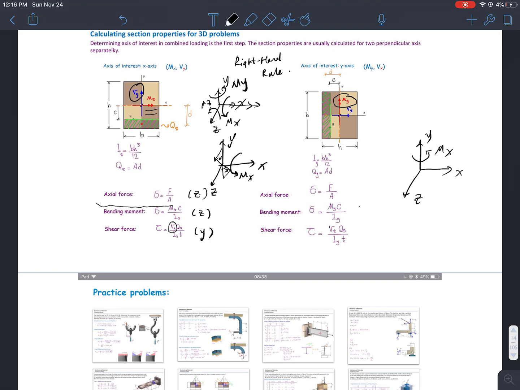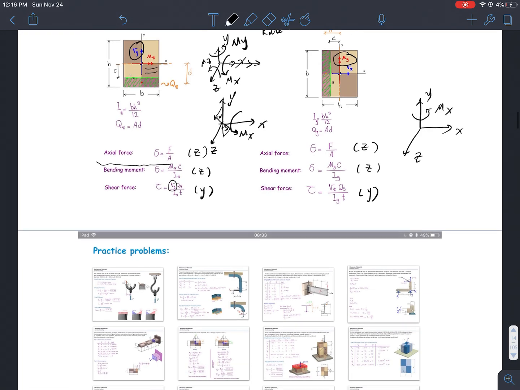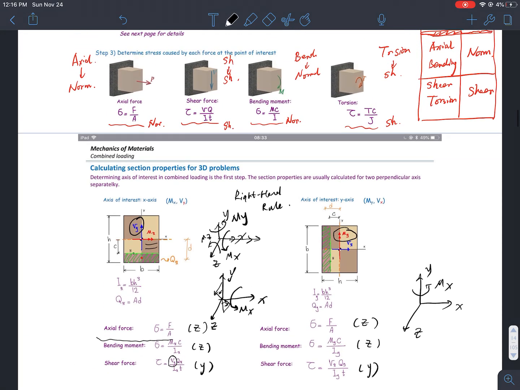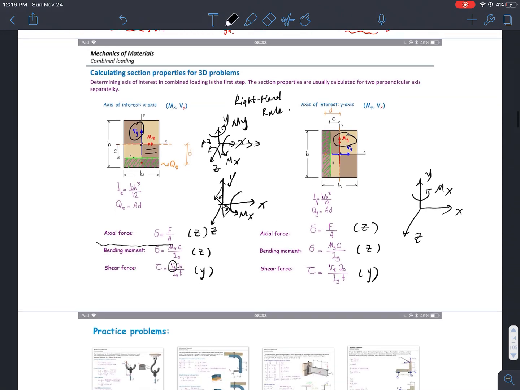I also have a normal stress in the z direction, okay, and of course this is z too. And my shear in the y direction also gives me the shear in the y direction. Okay, so these are different settings when you have bending moment with respect to different axes.